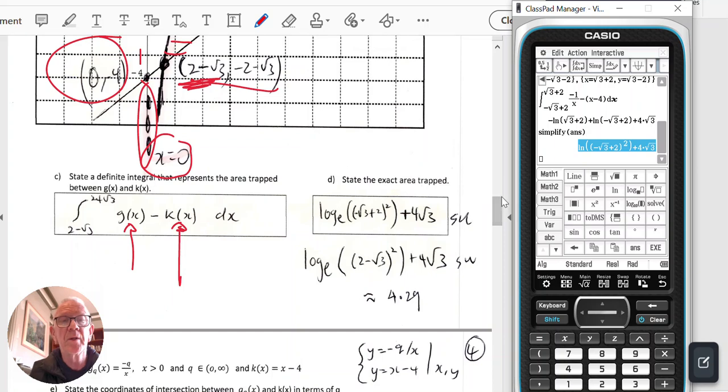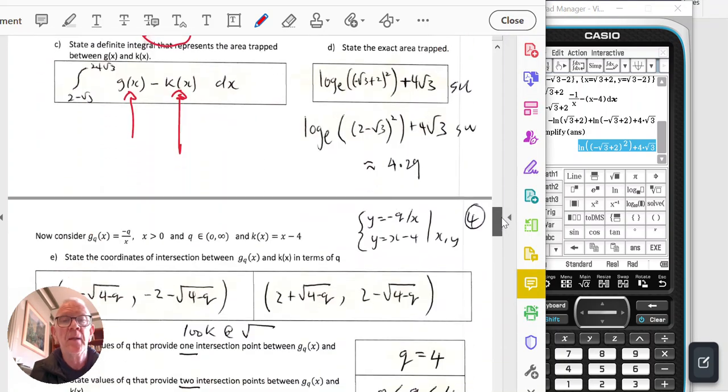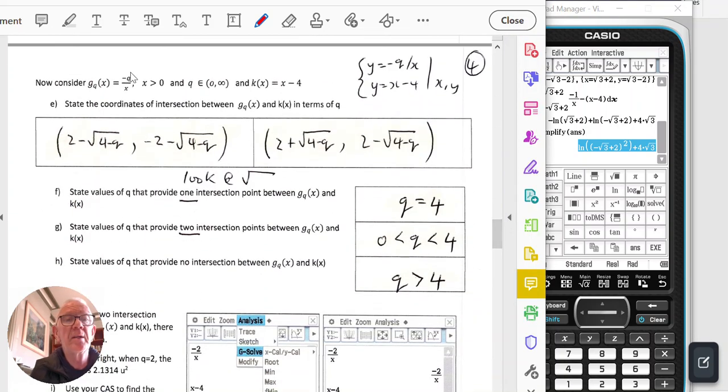That's the first part where it's all about numbers. Now when we go over the page, we're now going to consider g of q, where g of q of x is negative q on x, where q goes from 0 to infinity but not inclusive of 0. And it's still the same k of x. We're now looking for the intersection points.